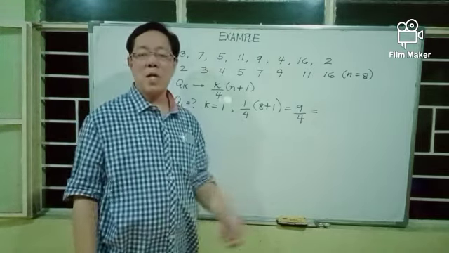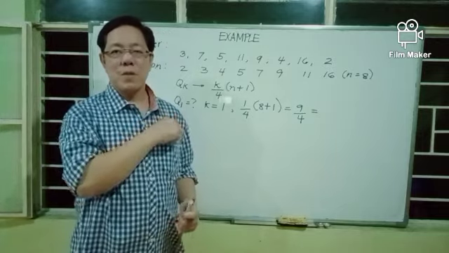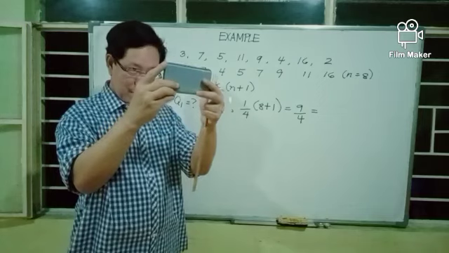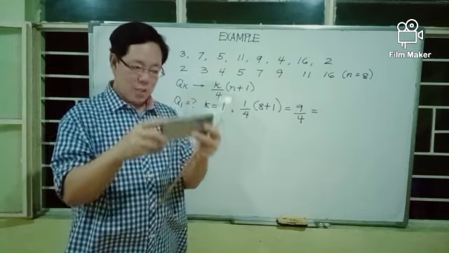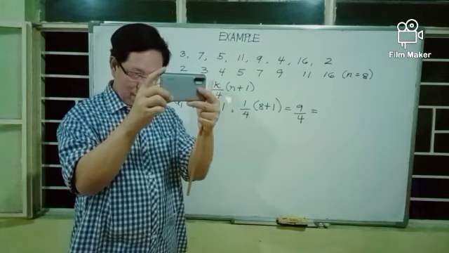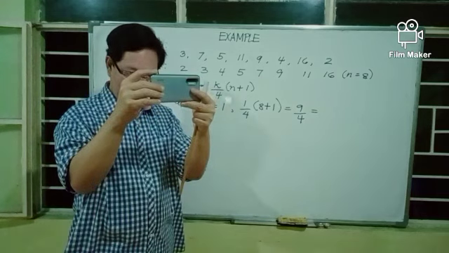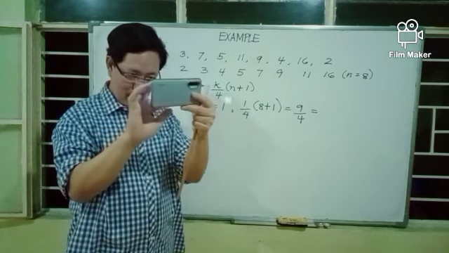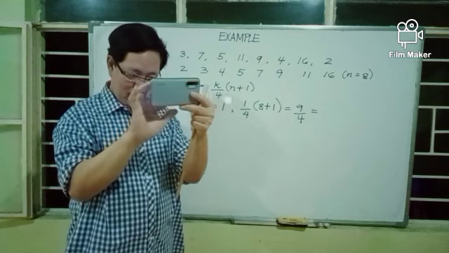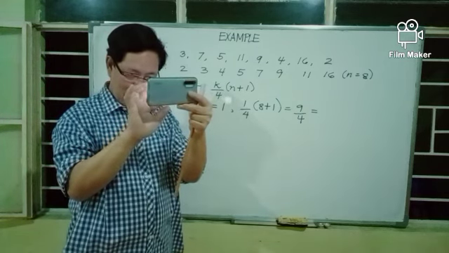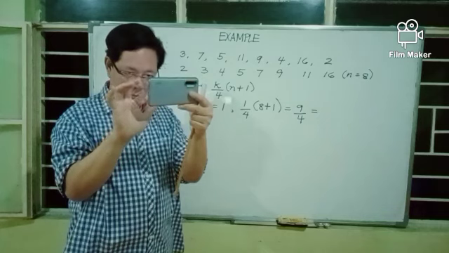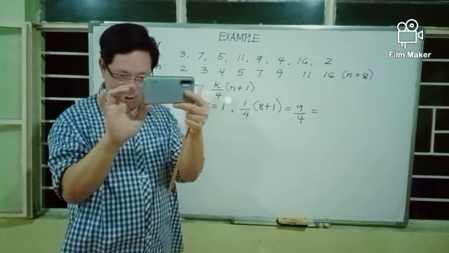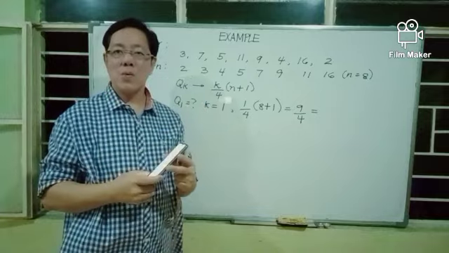And you compute 9 over 4, you convert 9 over 4 to a decimal number using your calculator. We have 9 divided by 4 is 2.25.